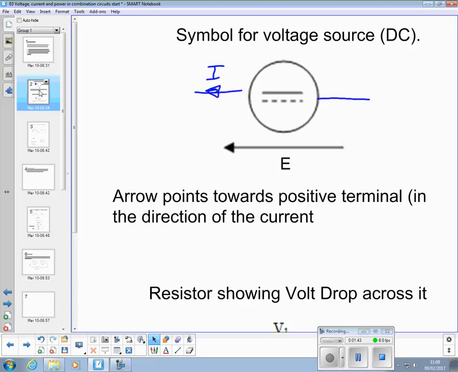I say conventional because actually the electrons are flowing in the opposite direction, but I always teach conventional current flow and not electron flow. It causes lots of confusion. So we'd say that that end of that source is the positive end, and that end's the negative end in this case.